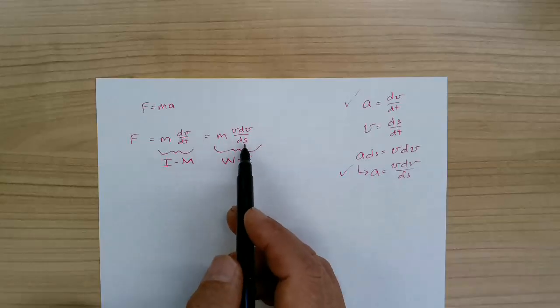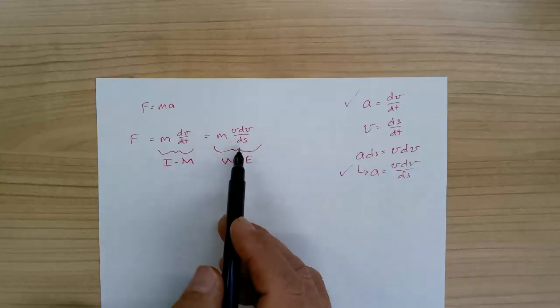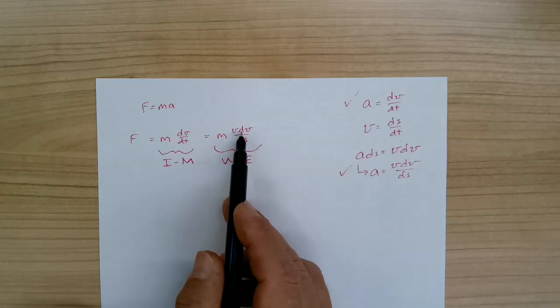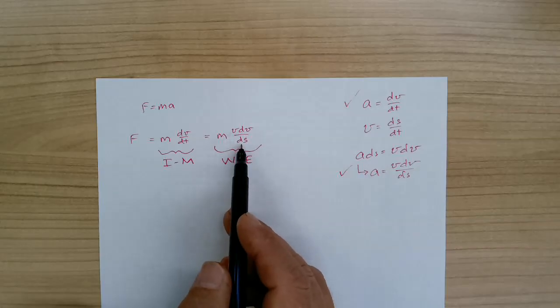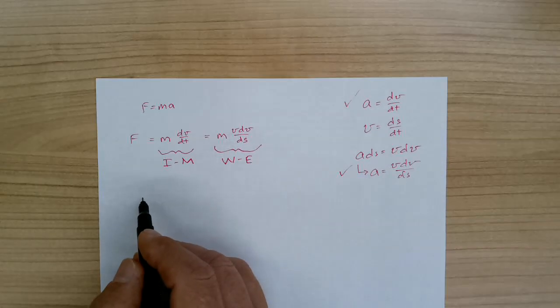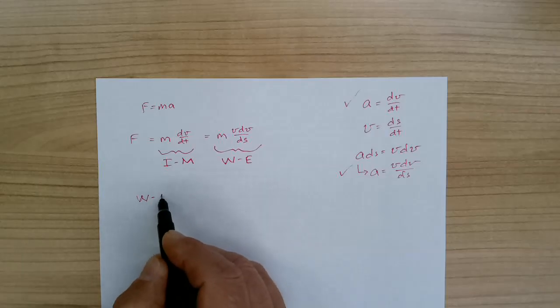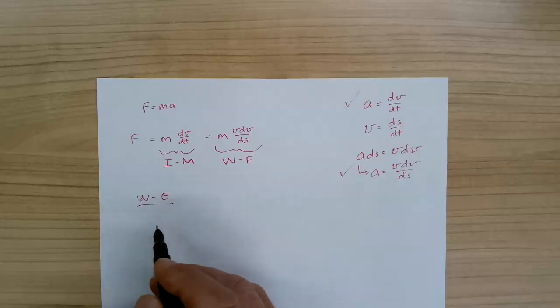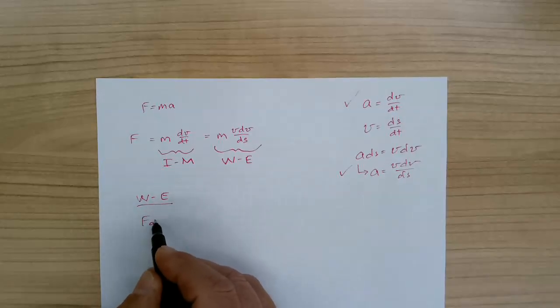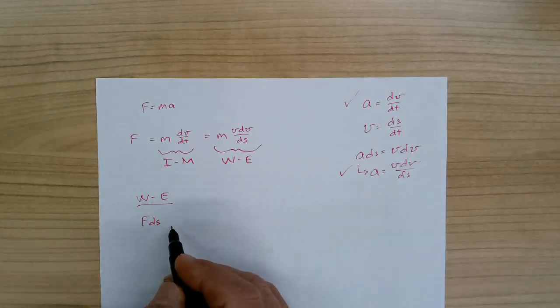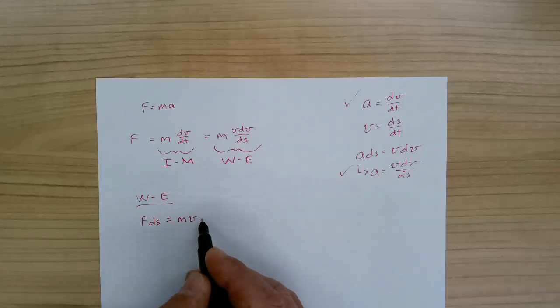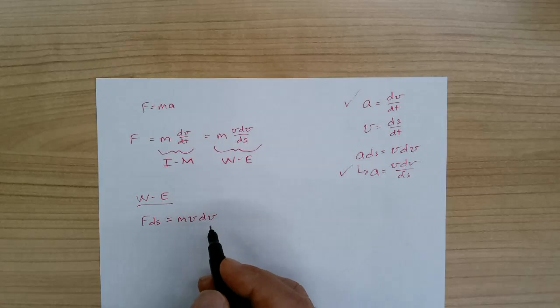I'm going to get rid of the denominator. And so I have mv dv over ds. I'll bring the ds over to the other side. So work and energy: I'll have F ds, and what I have left is mv dv.